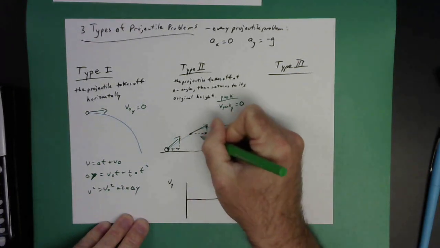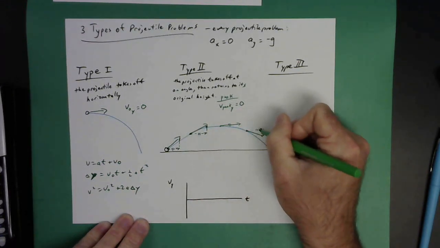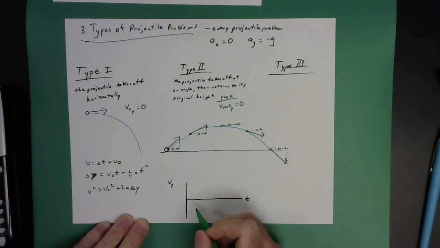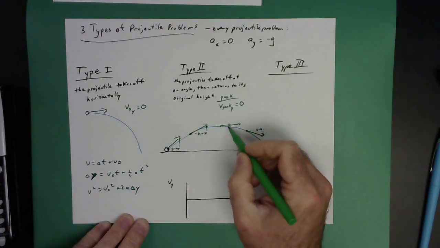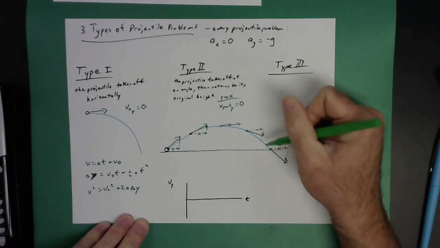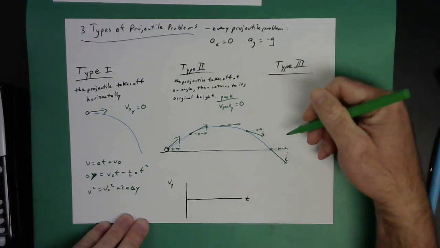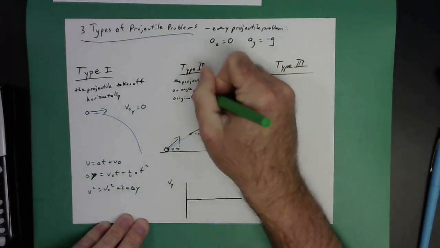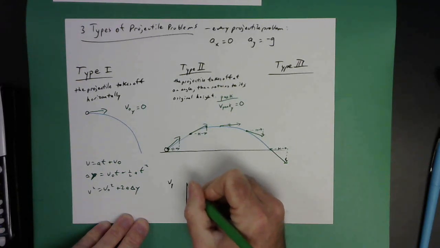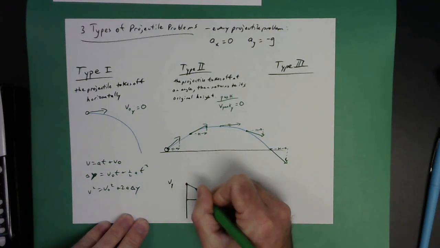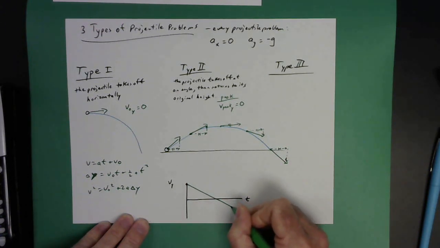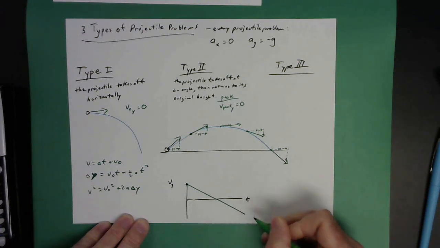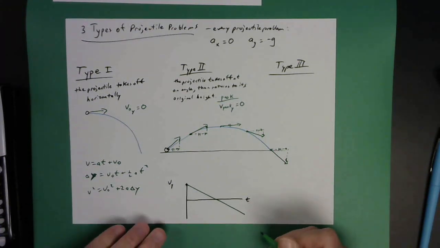The horizontal velocity is constant. But the vertical speed is going to be getting slower, slower, slower. It's 0 at the peak, and then look what now. Now the vertical velocity is going down. Now it's negative, because I'm, of course, going to treat down as negative. So this graph of vertical velocity versus time would start off being a positive value, then become 0, and then become a negative value. This graph is going to be shaped like that.